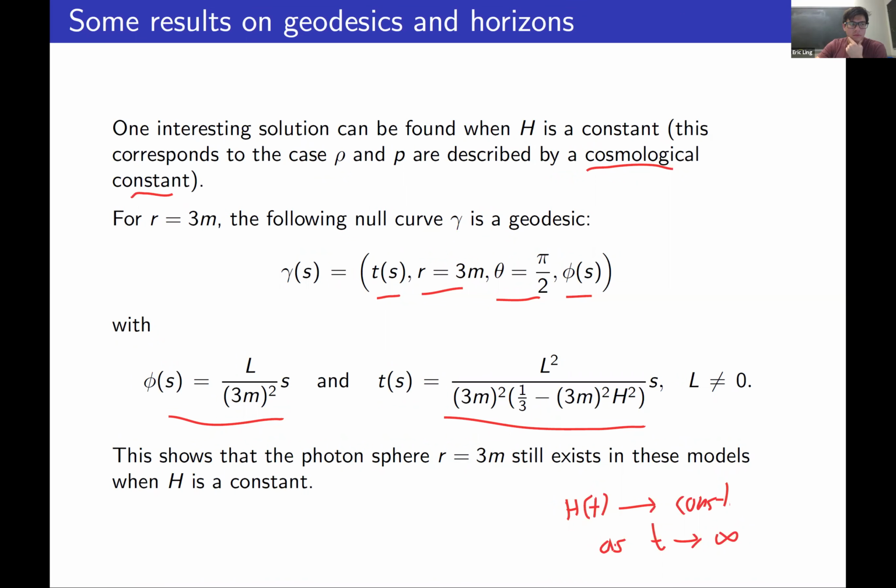Mm-hmm. And I agree with Monali that writing it as a Hamiltonian system would also be helpful. I mean, you can write this as a Hamiltonian system, right? Just the geodesic equation. Yeah, that's true.